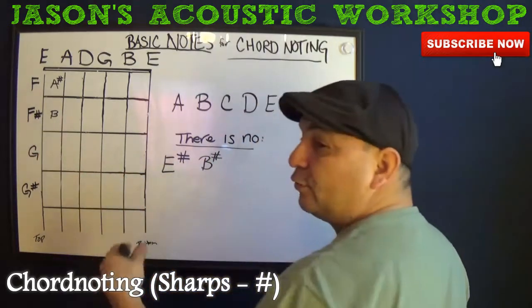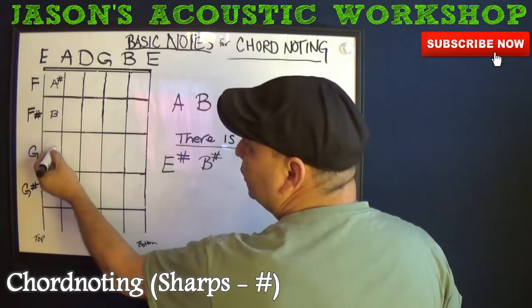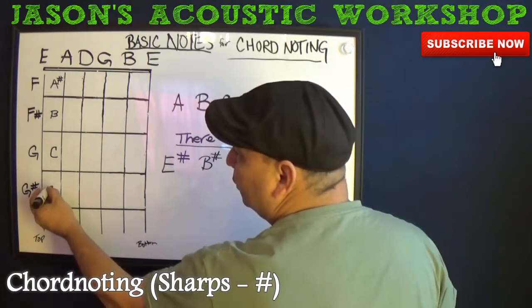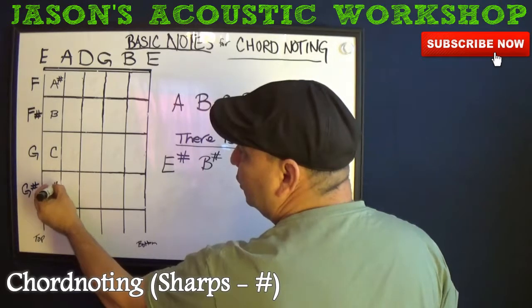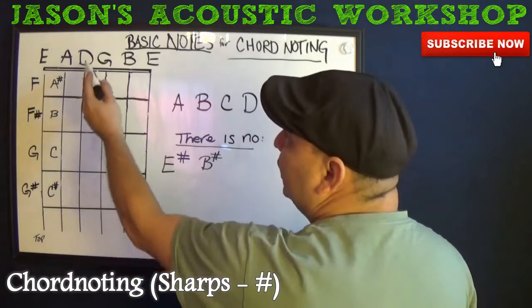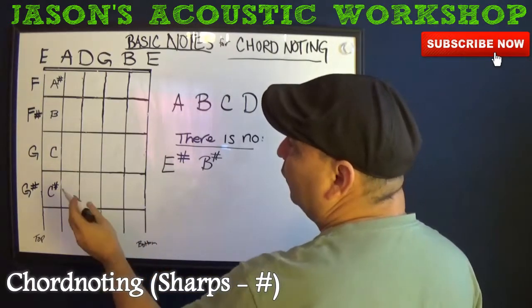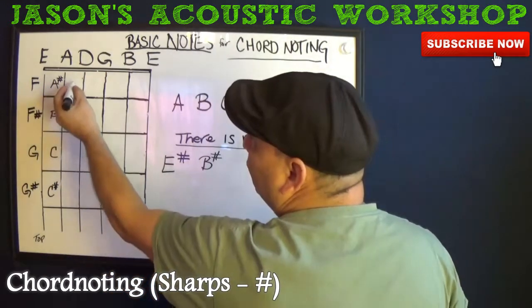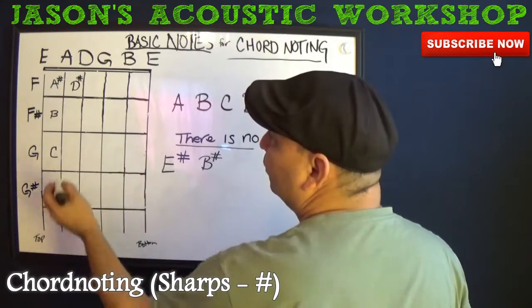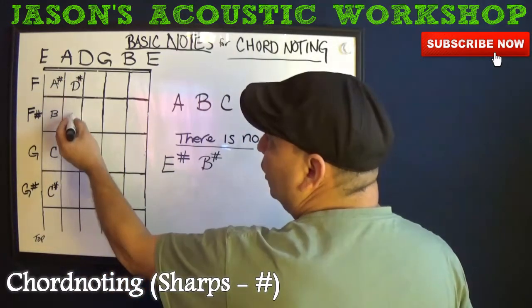After B comes, of course, if you know your alphabet, C. Then C sharp. Okay. D. Fourth string. D sharp. Then after D sharp comes E.